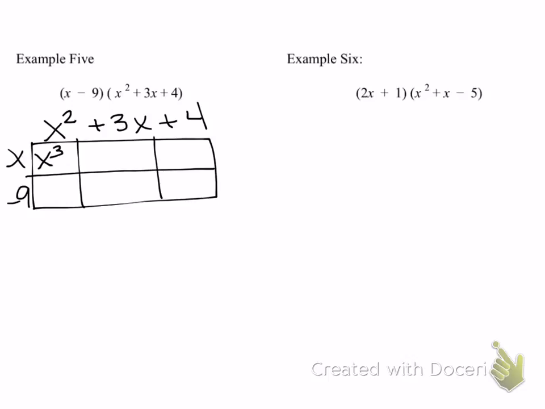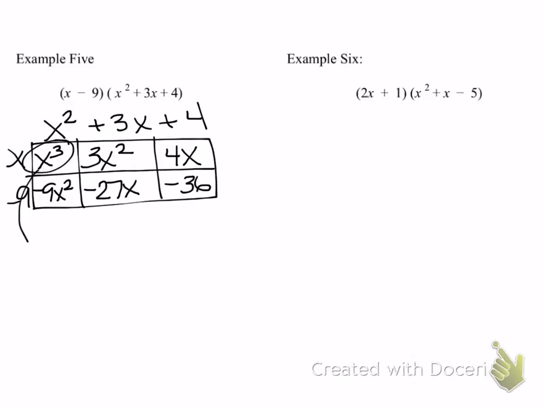Then I've got 3x times x, which is 3x squared. Then I've got 4 times x, which is 4x. Then I've got x squared times negative 9, which is a negative 9x squared. Then I've got 3x times negative 9, which is a negative 27x. And then I've got 4 times negative 9, which is negative 36.